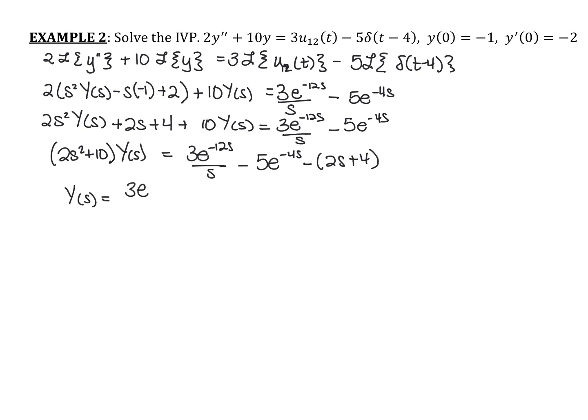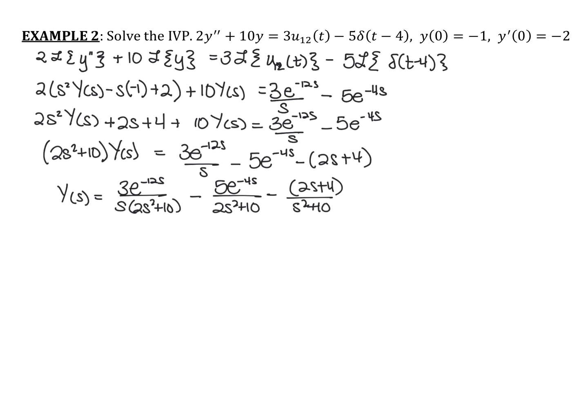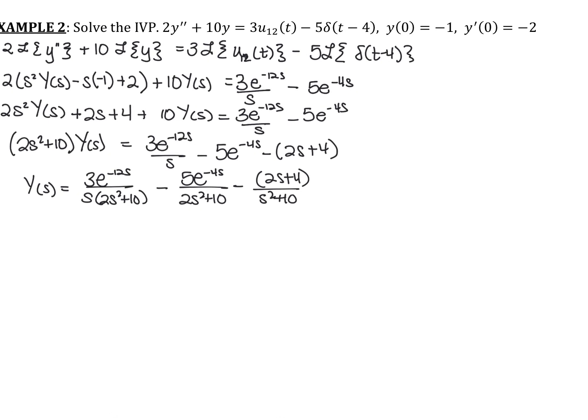So we get 3e to the negative 12s over s times 2s squared plus 10, minus 5e to the negative 4s over 2s squared plus 10, and then minus 2s plus 4 over s squared plus 10. And then I have 3 functions I'm going to focus on. So I'm going to move this over, and I'm going to start with this first one.